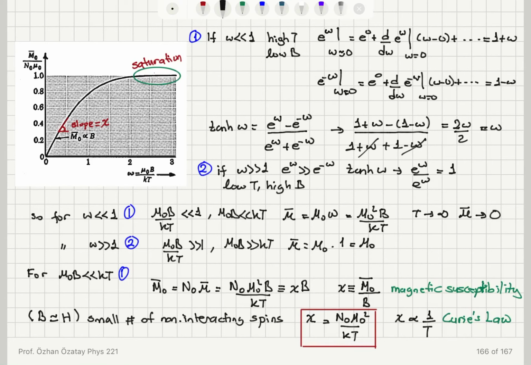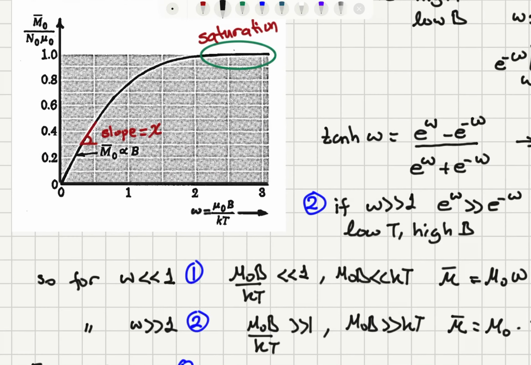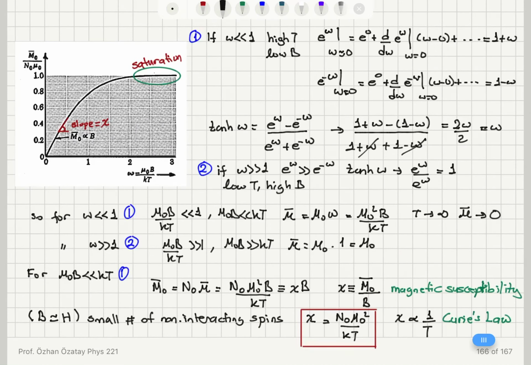By substituting these two limits, tangent hyperbolic omega is replaced by omega, so it varies linearly with omega. And if omega is much greater than 1, low temperature, high magnetic field limit, tangent hyperbolic omega becomes 1.